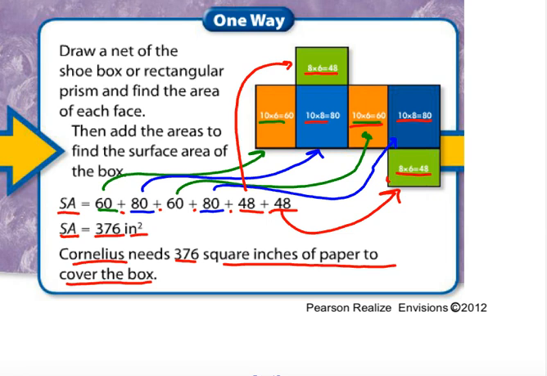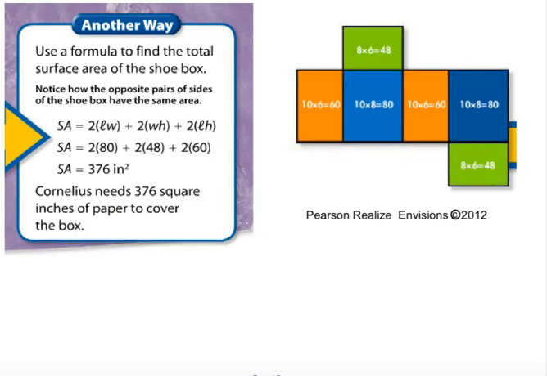Okay? Now, there are other ways of doing it as well by using a formula. Use a formula to find the total surface area of the shoebox. Notice how the opposite pairs of sides of the shoebox have the same area. In other words, when we look at the 80, they are talking about 10 times 8.